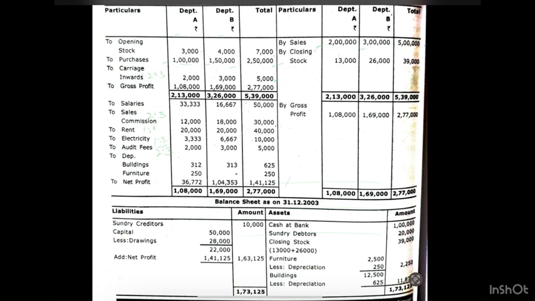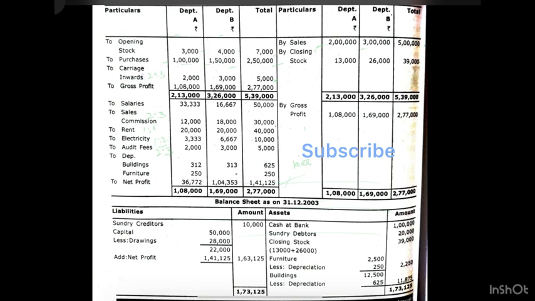Likewise, the gross profit we have derived in the trading account, 1,08,000 and 1,69,000, has been brought down to the P&L account. All these divisions have been done, and we are going to get a net profit of 36,772 and 1,04,353. The total profit is 1,41,125. Sometimes there may be a net loss also.